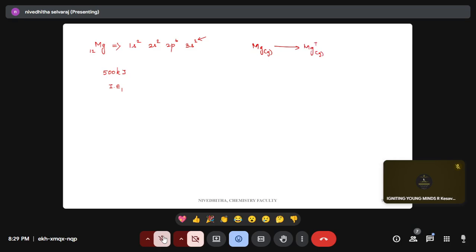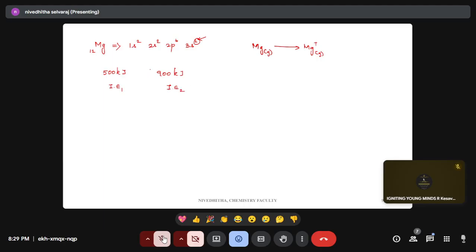Now I'm going to supply a particular amount of energy to remove one more electron from 3s. So definitely the value will be greater than 500, say 900 kilojoules. Of course we have to supply more energy to remove the second electron, for obvious reasons.